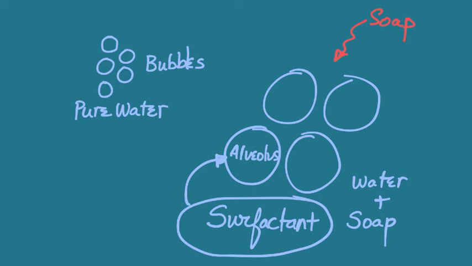So more soap, bigger alveolus, and more soap, lower the surface tension. So the most important thing we need to remember here again is that the surfactant lowers the surface tension of water inside the alveolus, lowers the surface tension in the alveolus.